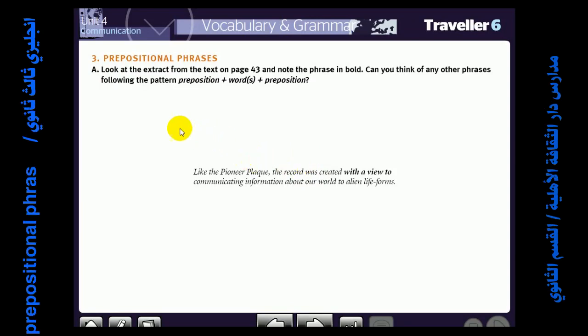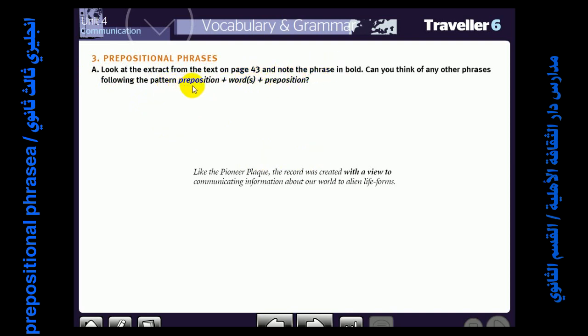Hello everybody, today inshallah we are going to complete page 44, exercise 3, prepositional phrases. Here, if you look at exercise A, look at the extract from the text on page 43 and note the phrase in bold.